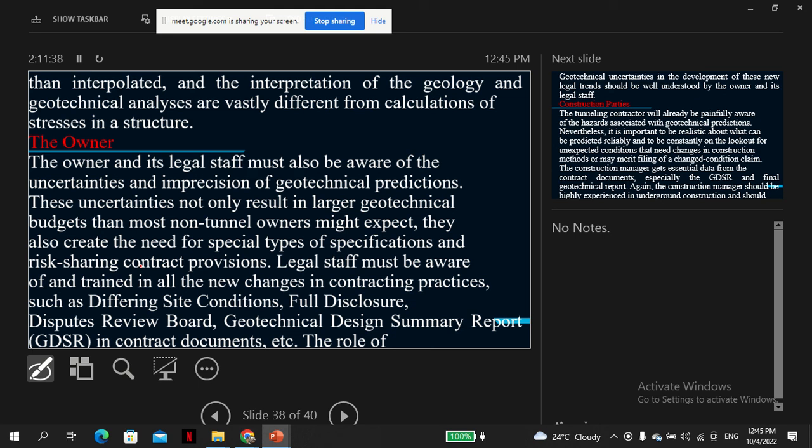They also create the need for special types of specifications and risk sharing contract provisions. Legal staff must be aware and trained in all the new changes in contract practices, such as differing site conditions, full disclosure, disputes, the review board, the geotechnical design summary report in contract documents, etc. And now, actually, the FIDIC, I think you should have learned FIDIC.